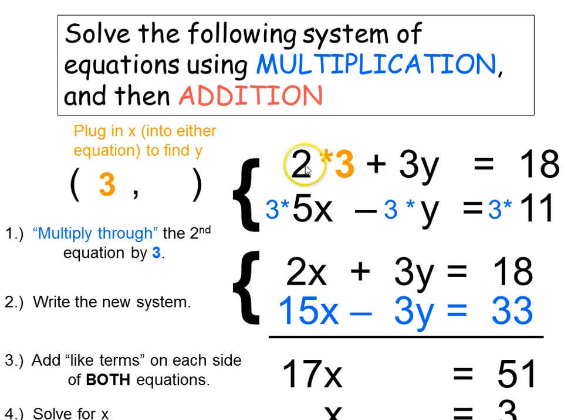So we'll have 6 plus what gives us 18? Well, 6 plus 12 gives us 18, so therefore y has to be 4. So the solution to this system is x is 3, y is 4. And we can write that as an ordered pair because that's where these two lines would intersect if we were to graph them. Or you can say x is 3, y is 4. Either one is just fine.